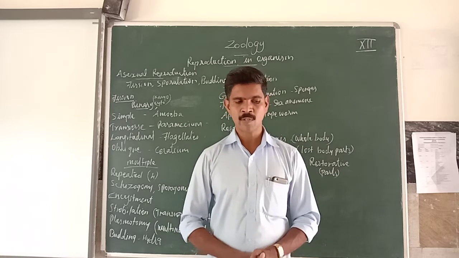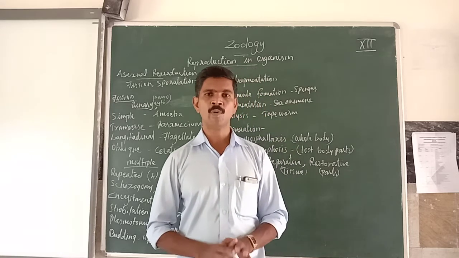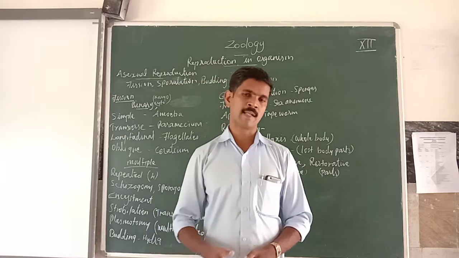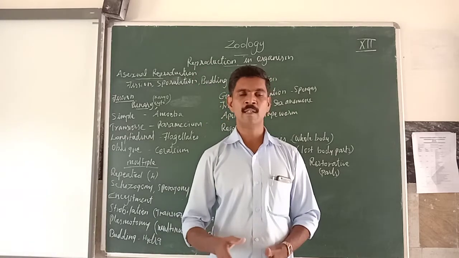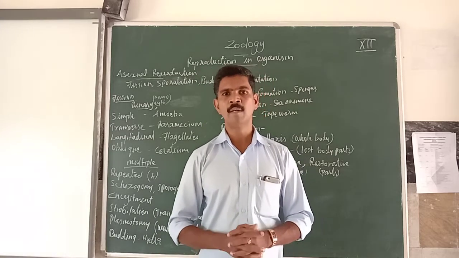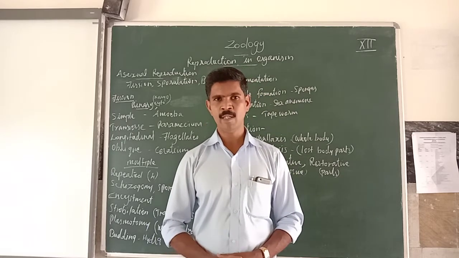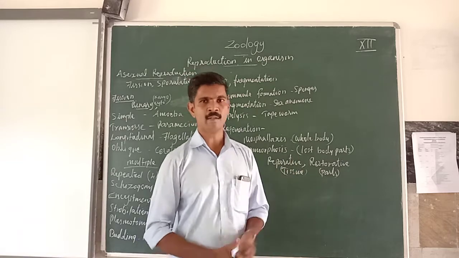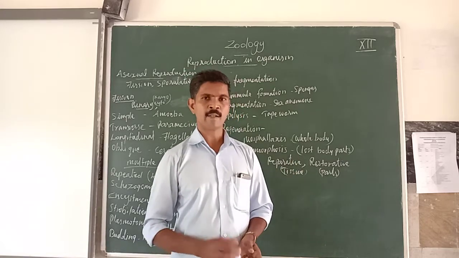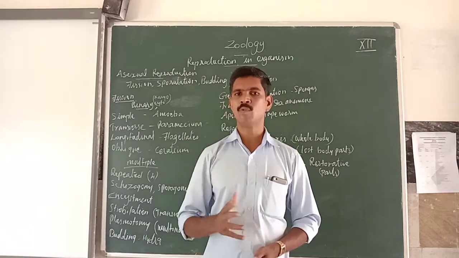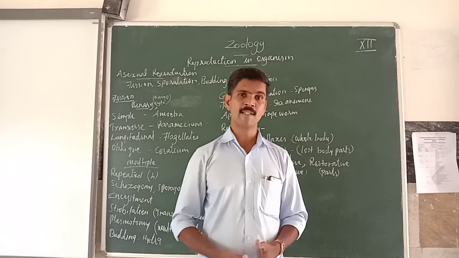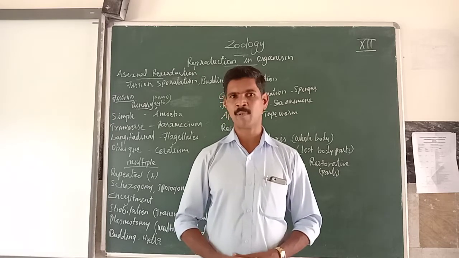Okay, my dear students. In this chapter we are going to study some important characters of living organisms, particularly the major important character, reproduction. So our title is Reproduction in Organisms. The reproduction process is classified into two major categories: asexual reproduction and sexual reproduction.